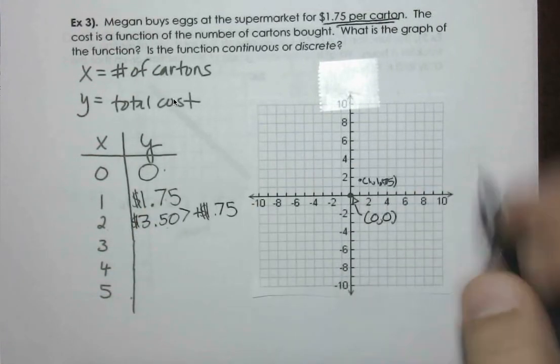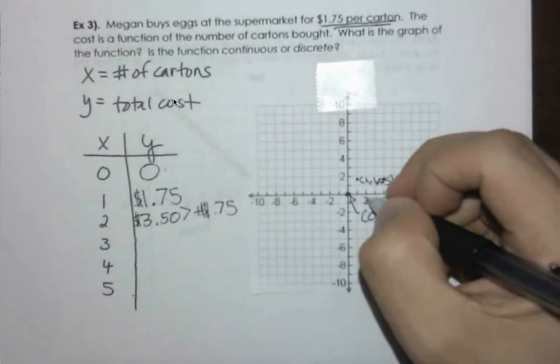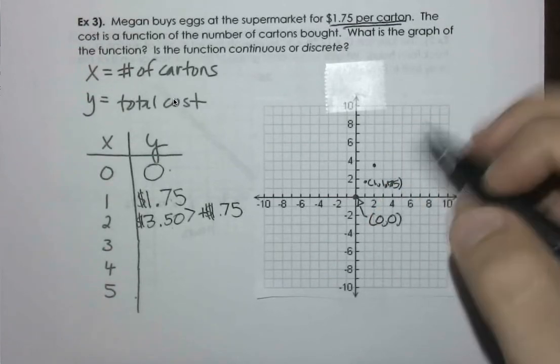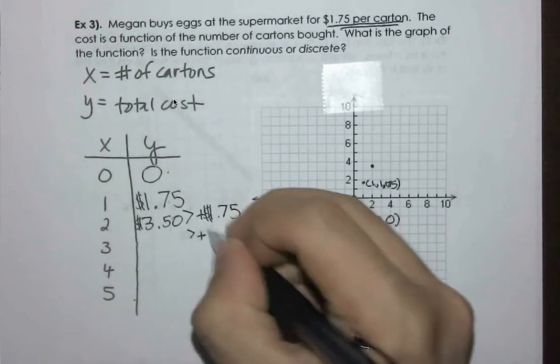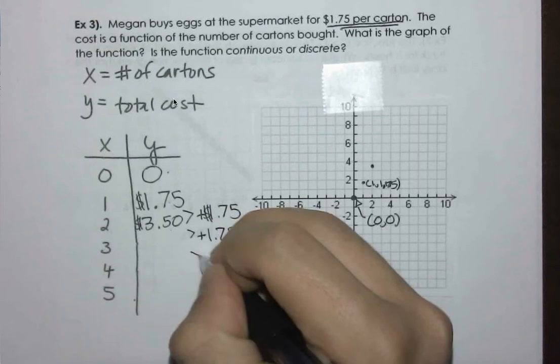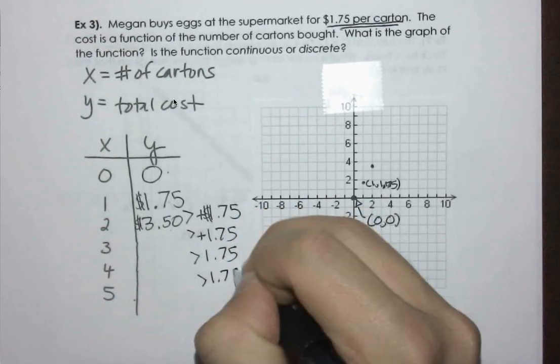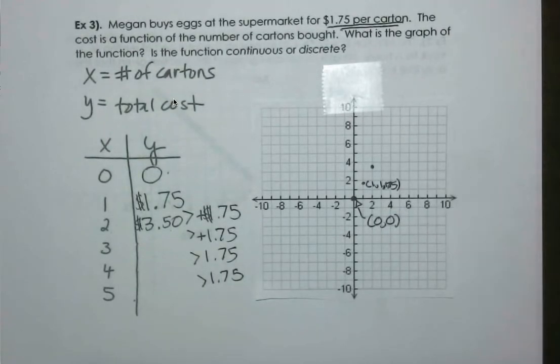So this is another point we can map out. When x is 2, the outcome's $3.5. It's right in between 3 and 4. And ideally, this is going to keep going and going. Keep adding 1.75, 1.75, 1.75. This keeps going and going. So the graph, this is pretty much what we're going to have seen here.